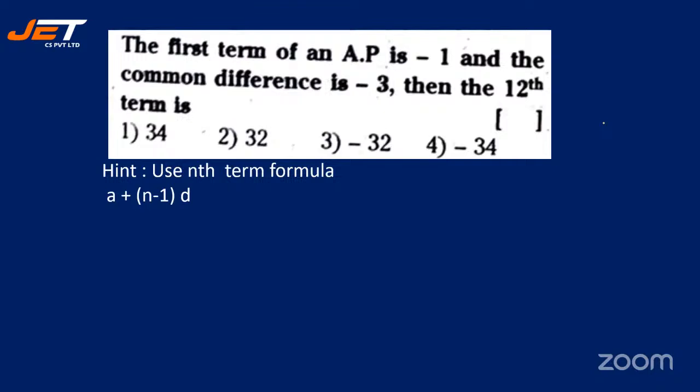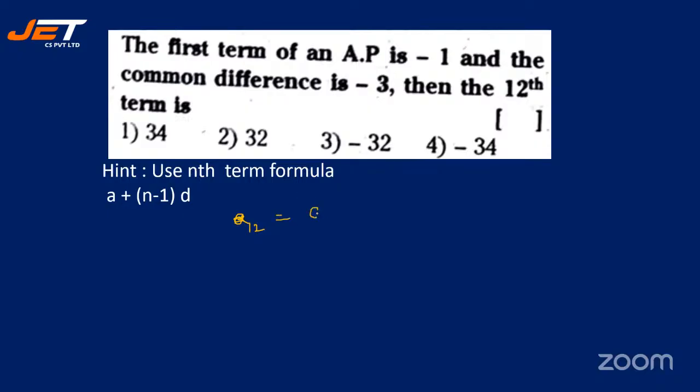See the sum here. The first term of an AP is -1 and the common difference is -3. Then what is the 12th term? See how easy the sum is. What is A12? That's what they're asking, right?